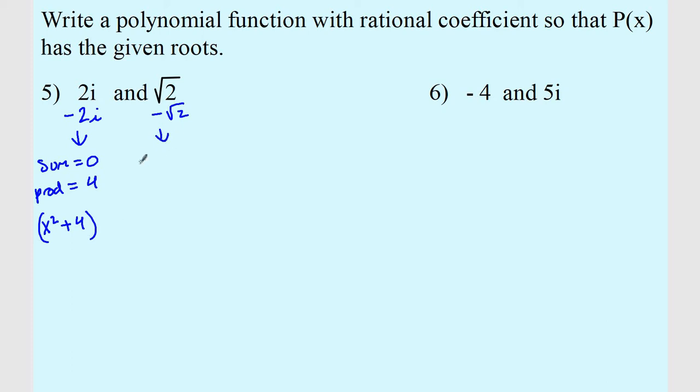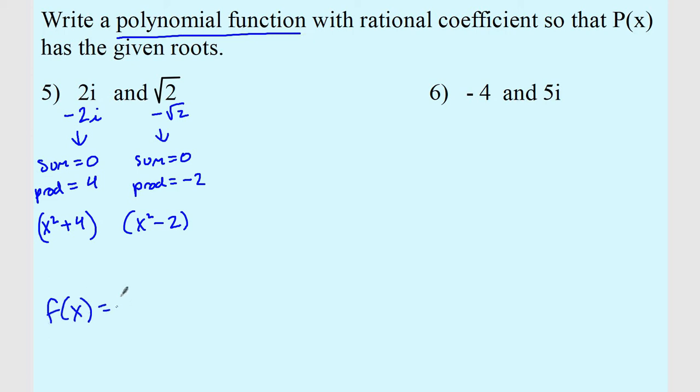For the square root of 2, the sum would be 0. The product would be negative 2. So your equation would be x squared minus 2. So the polynomial function, we would write it as f of x equals x squared plus 4 times x squared minus 2.